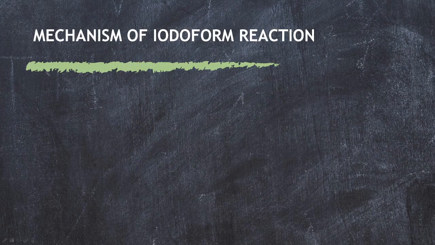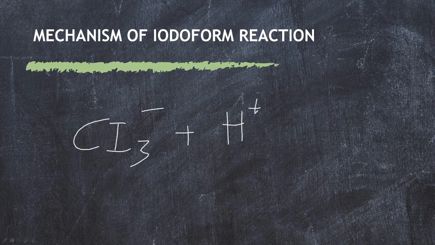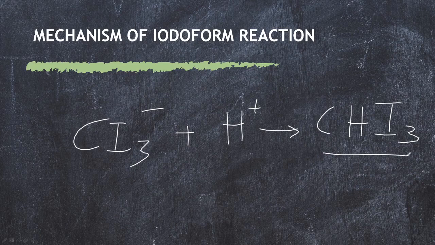The CI3- ion is electron rich. Then it will combine with this hydrogen, which is looking for an electron, and lead to the formation of this iodoform. This is the iodoform that we're looking for.